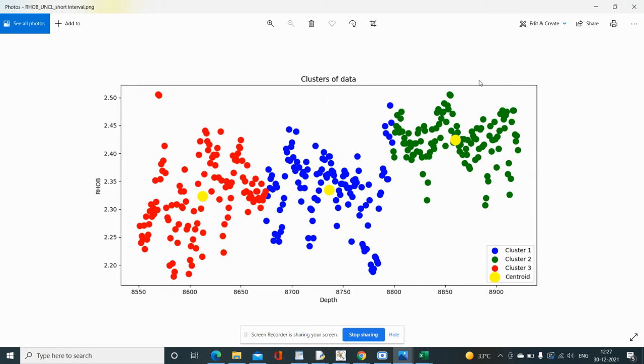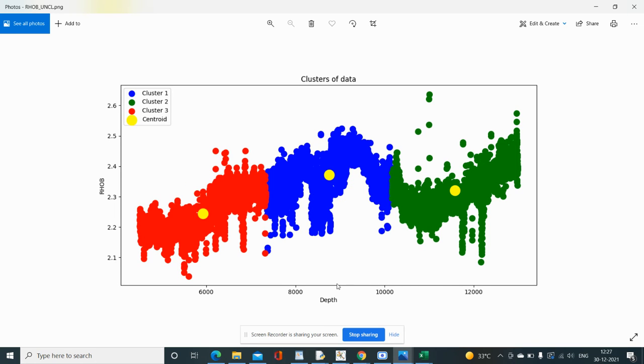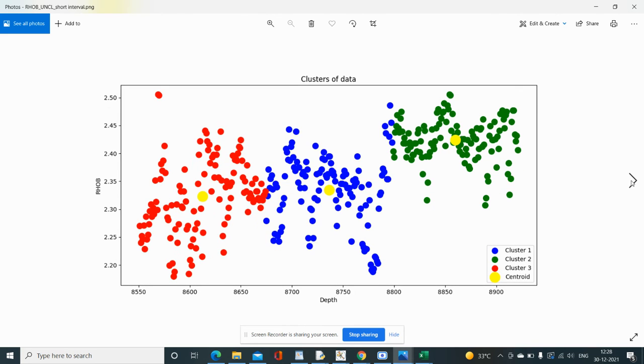Again, the bulk density data is subdivided, and then it forms three clusters. See, 8550 is around here from the center point to close towards the end of cluster 1.